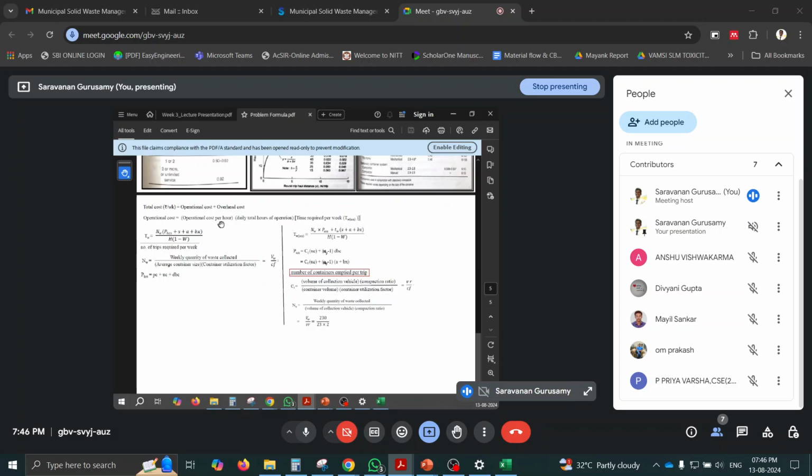The operation cost per hour is given. The 8 hours in a day we know. The time required per week we have to find; that is TW, which we already found, the answer to the last question.